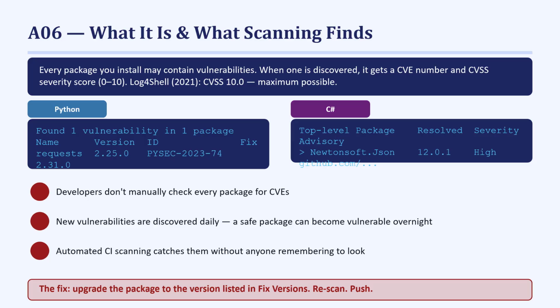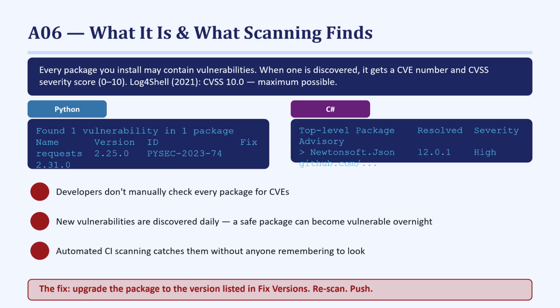So if you're using a vulnerable version of a library and an attacker knows it, they can potentially exploit that vulnerability in your application. A real-world example of this would be something like the Log4Shell that happened in 21. A vulnerability in the Java logging library, Log4j, had a CVE score of 10.